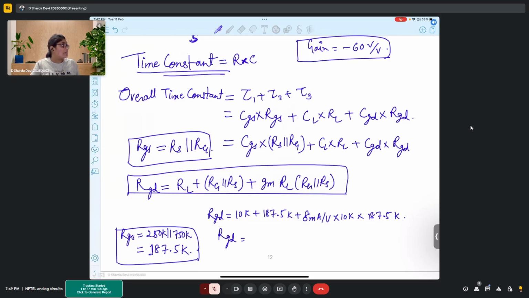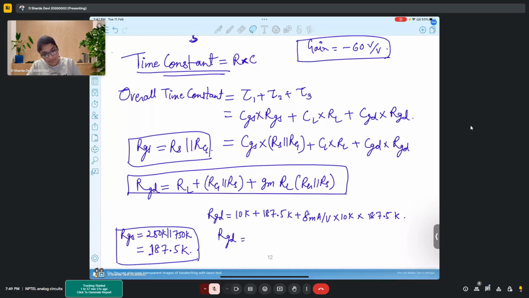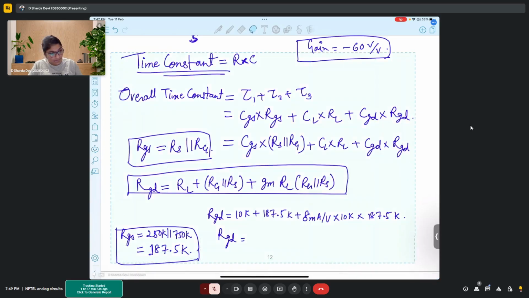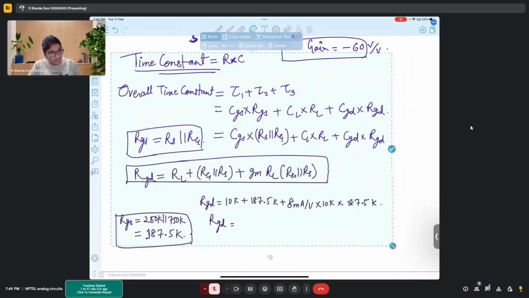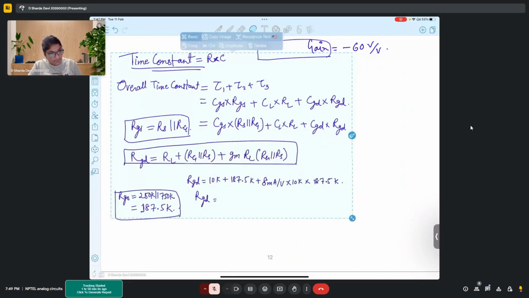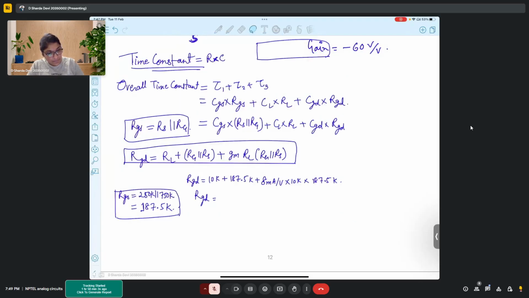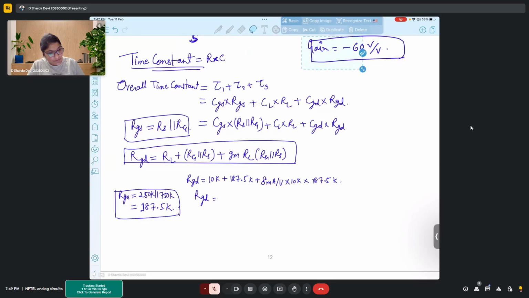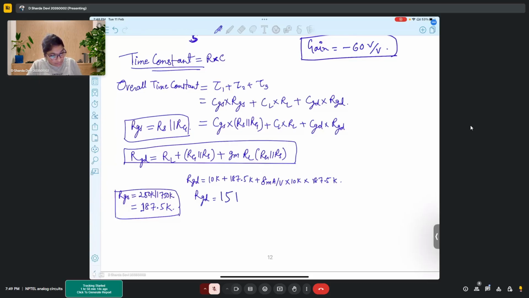How much is RGD? 151.97 mega ohms. Okay, so how much is it? 151.97 mega ohms.